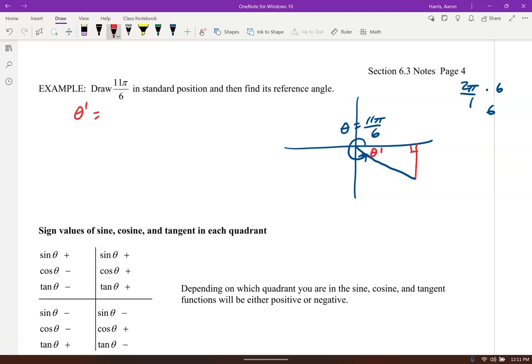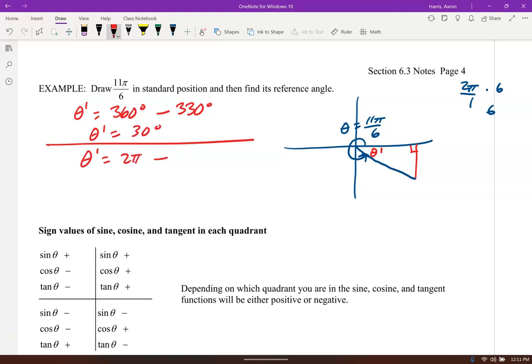Well, theta prime would be 360 degrees minus 330 degrees, as Aubrey mentioned. So in degrees, this is 30 degrees. Again, let's do this in radians. 2 pi is once around, minus 11 pi over 6. So 12 pi over 6 minus 11 pi over 6 is just 1 pi over 6. So 30 degrees is that reference angle.